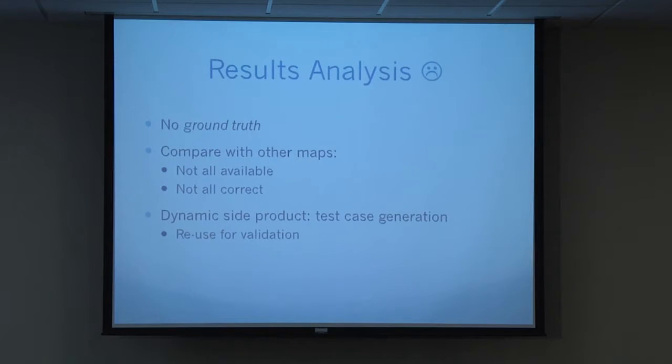And again, in terms of difficulty with results analysis, there's no ground truth. So really what you have to do is say other people that are generating maps, other researchers out there, let's compare them. Let's see what our beliefs are together. And if there are differences, maybe hash those out or not.